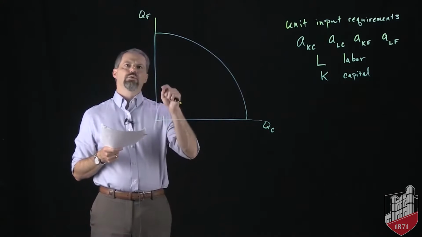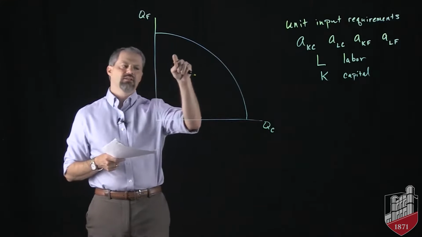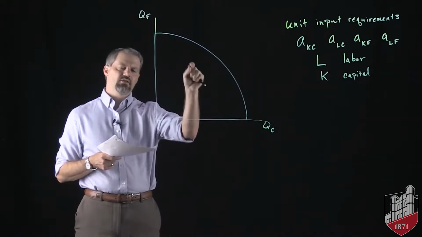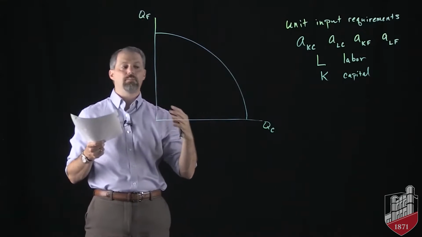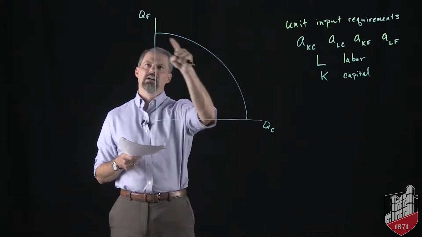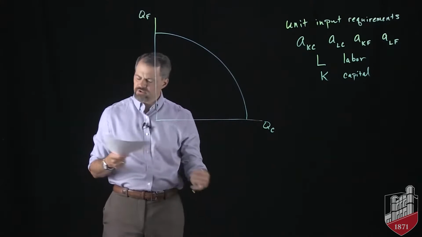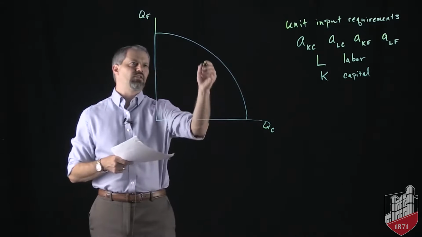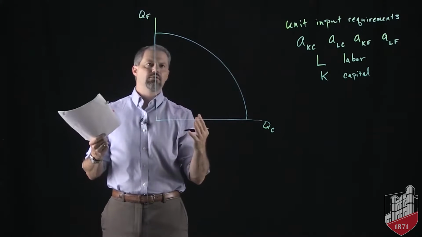And the actual combination of output goods that is going to be produced in the economy is going to depend upon the relative price of cloth to food, just like we've seen in our previous models. So what we've got is this iso-value line.